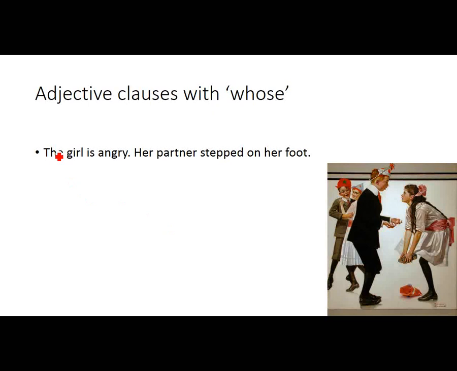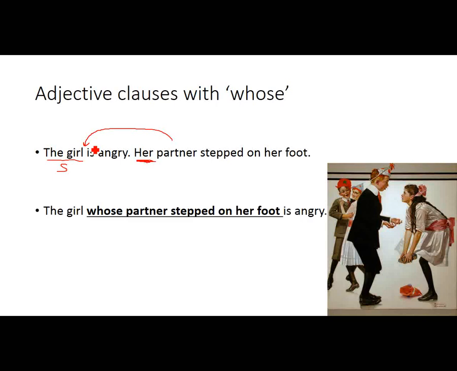The girl is angry. Her partner stepped on her foot. In this situation, we have the girl and her. Her is the possessive. But this will be a little different because the girl is in the subject position. So the adjective clause is going to need to go right here next to the girl. Let's see how that looks.